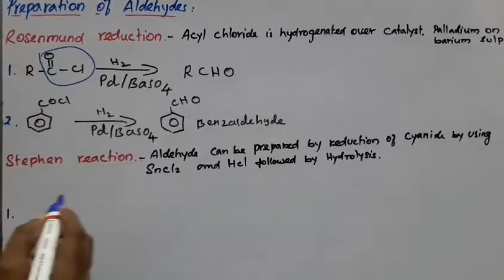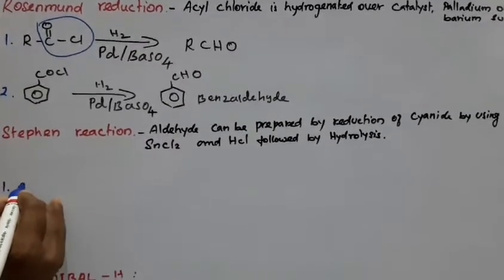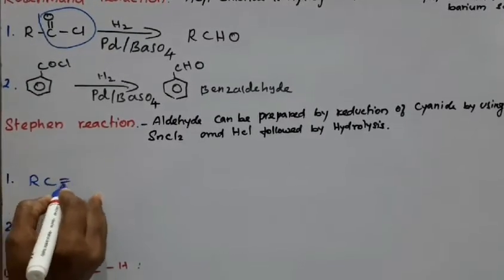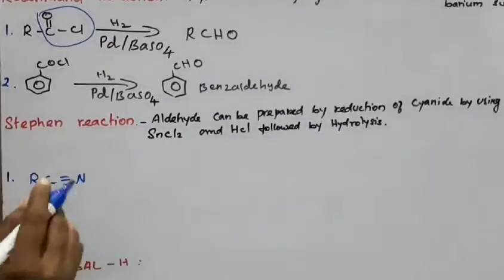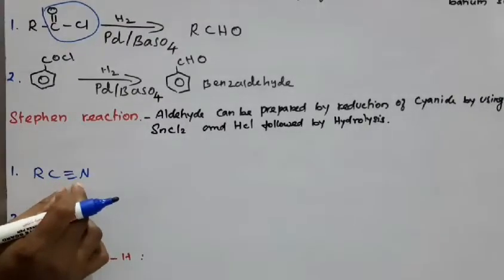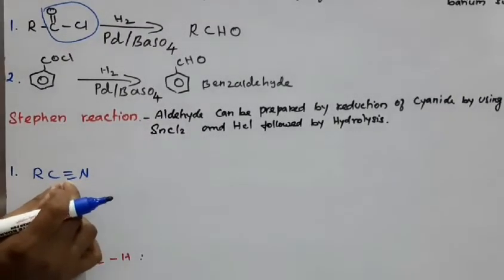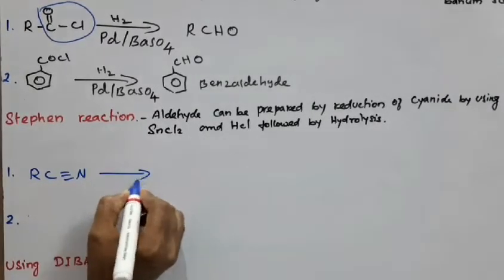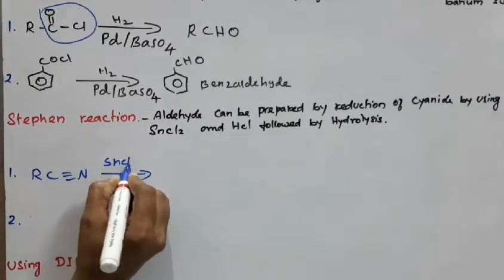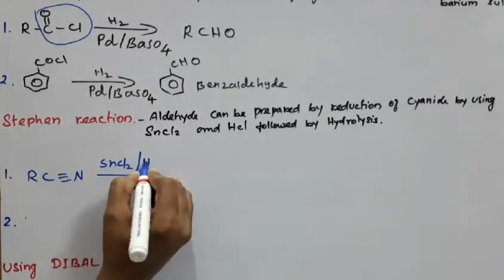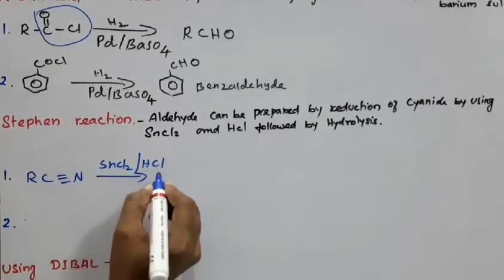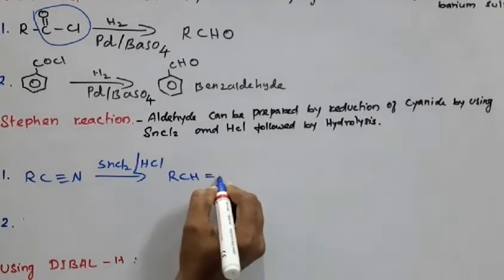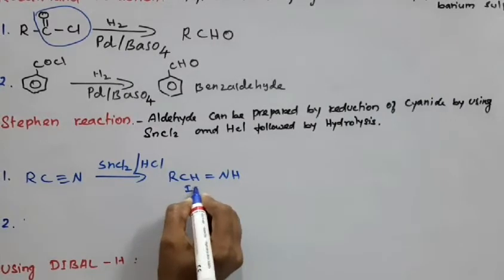The cyano group, the nitrile group or CN, in alkyl cyanide has a triple bond in nature. In the presence of SnCl2 and HCl it gives an imine, RCH double bond NH.